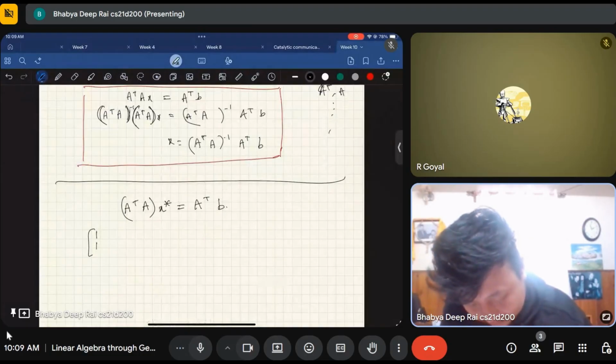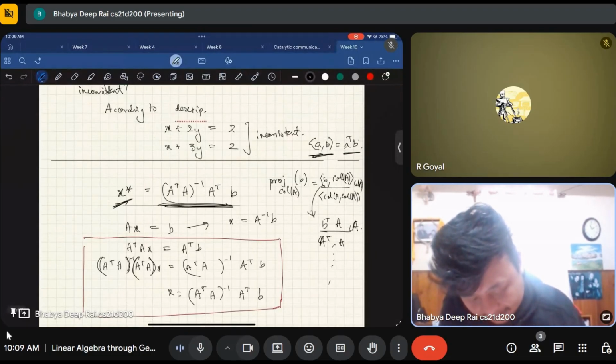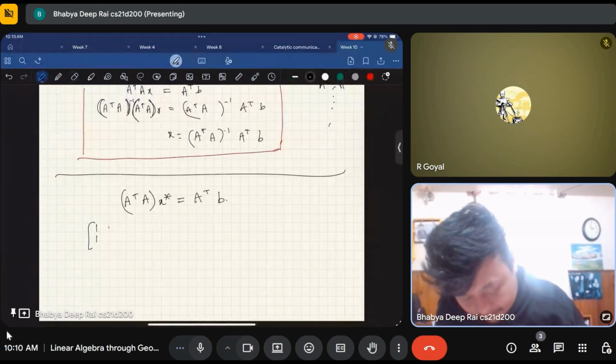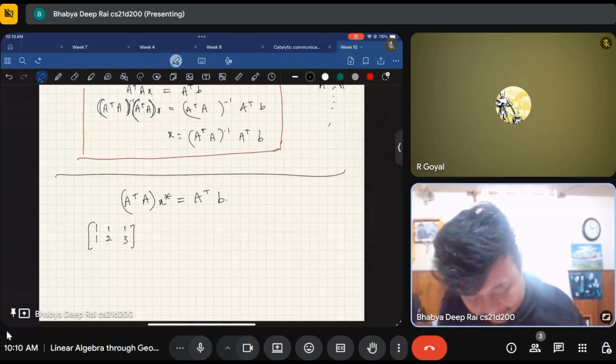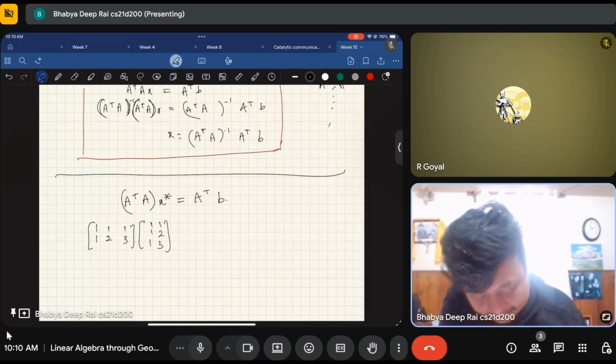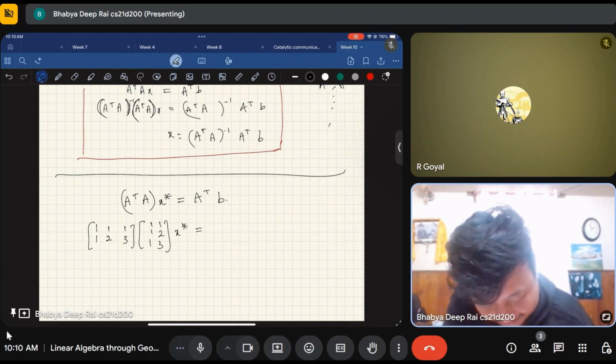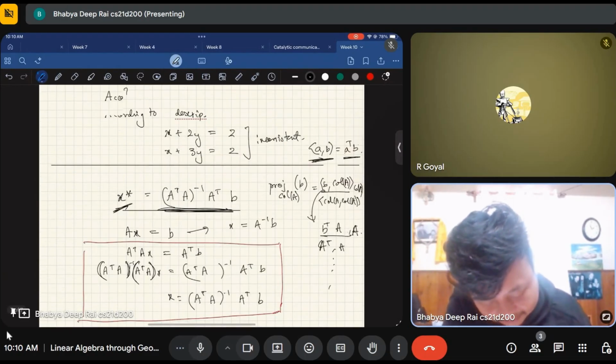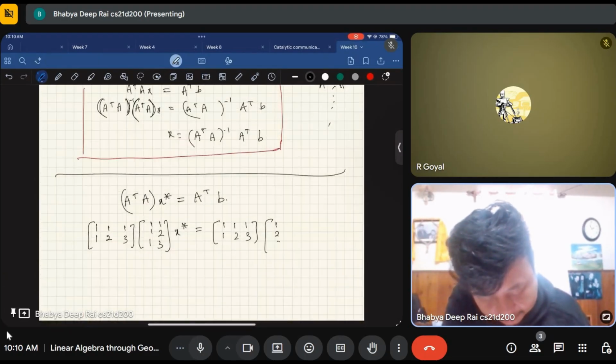A is 1 1, 1 2, 1 3. Times X star is equal to A transpose again, 1 1 1, 1 2 3. What is B? B is 1 2 2. Okay, great.